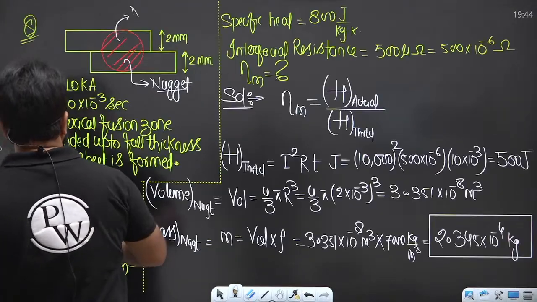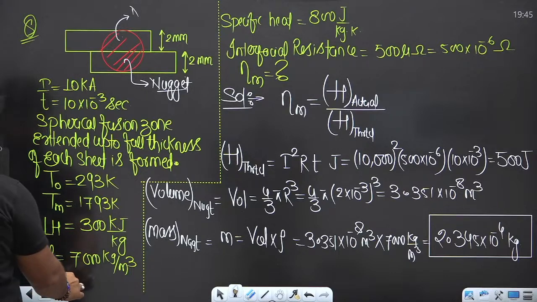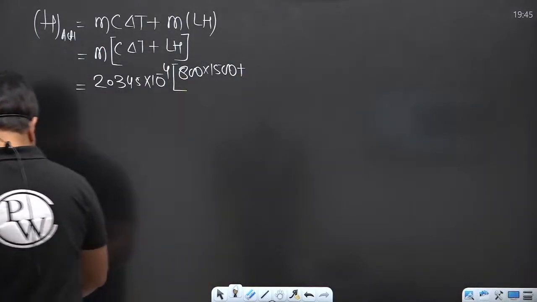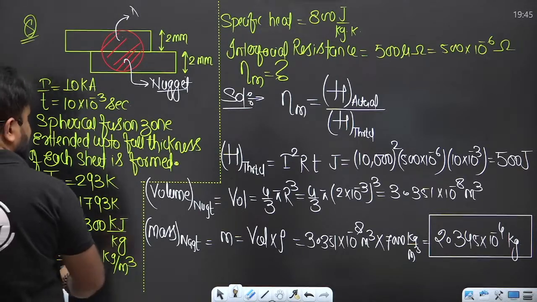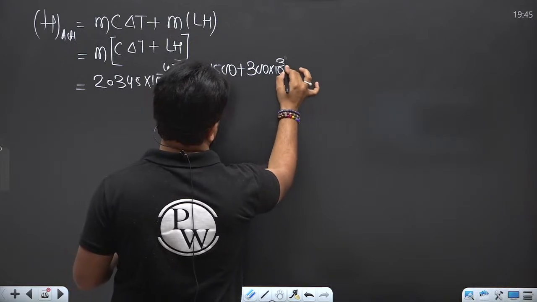Change in temperature is 1793 minus 93, that is 1500, plus latent heat 100 kilojoule, that is 100 into 10 to the power 3, right?